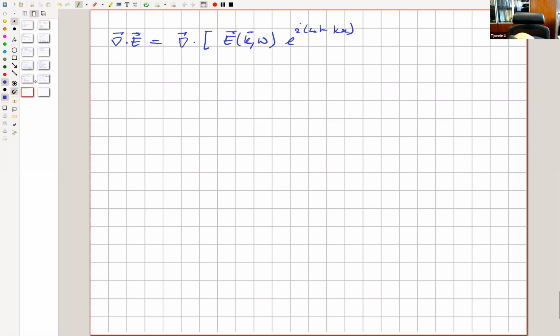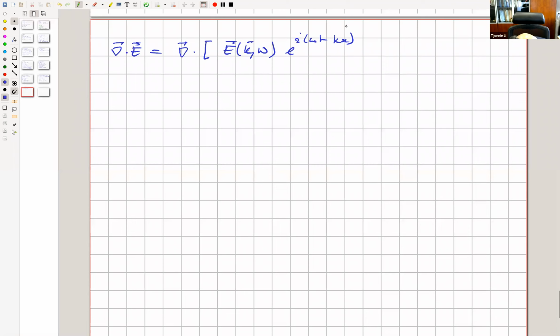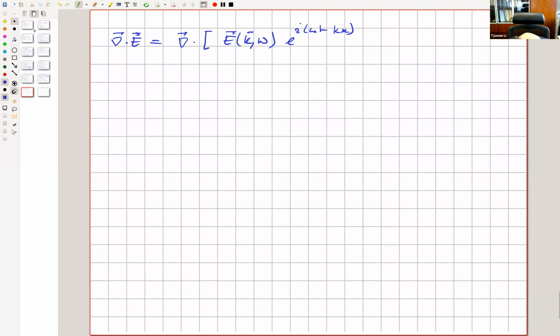What was the convention I used here? Yeah, omega t minus, in three dimensions, so it's minus k dotted with r.